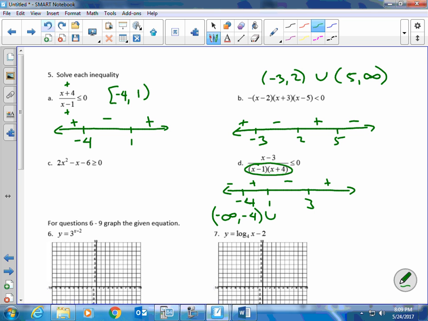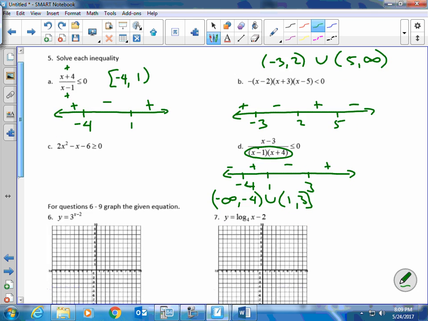And then I'm going to go from not including the 1, but I can include the 3. How come I'm including the 3? Because that'll make the top 0, and that's what I want, less than or equal to 0. Okay? All right, number 6.